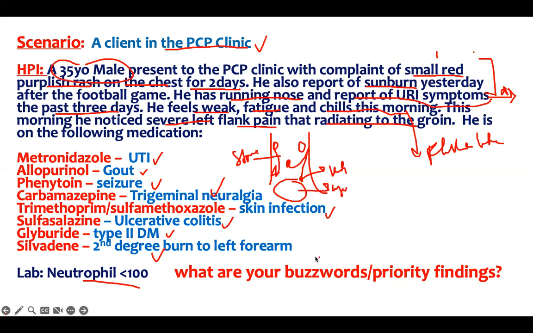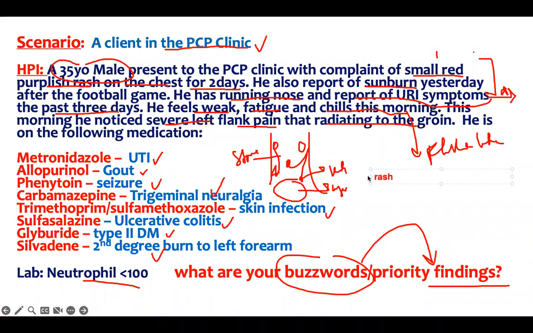What are your buzzwords and priority findings to make the diagnosis? So let's think. We have a 35-year-old patient who had a small purple rash, a sunburn, a runny nose, and severe left flank pain radiating to the groin, and he's on a bunch of these medications.